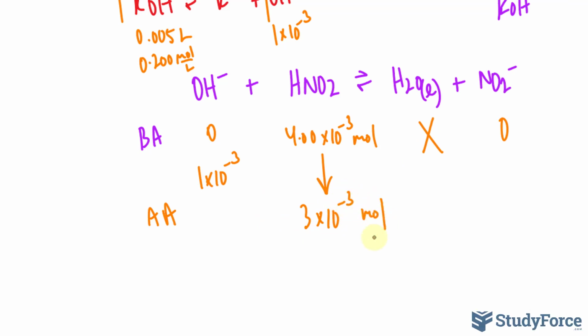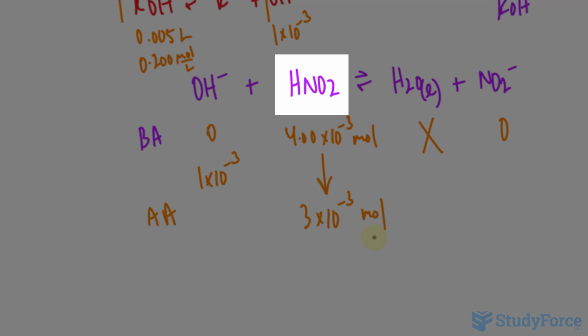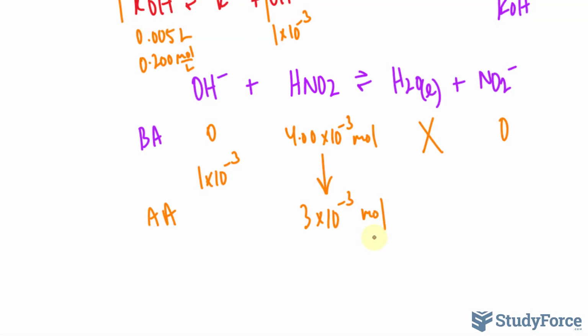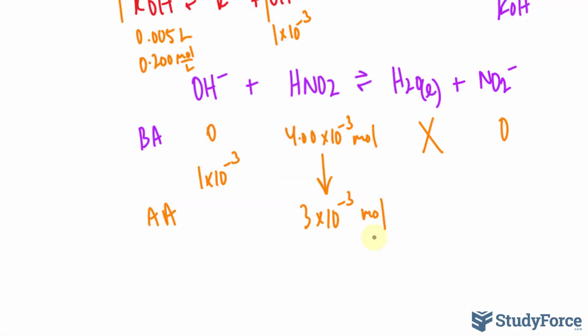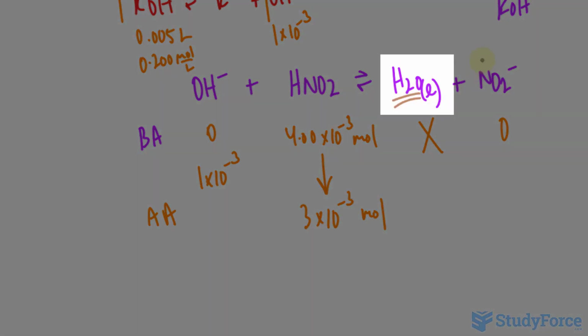Now that we found this number, remember that HNO2 is a weak acid, and weak acids incompletely dissociate. This means that very little H3O+ will form, and the majority will still remain as NO2- ions. The hydronium ions, H3O+, that do form will react with the hydroxide, forming water as shown on the right side.